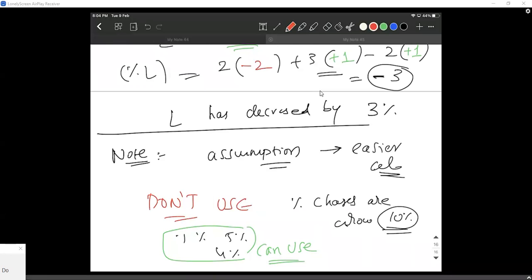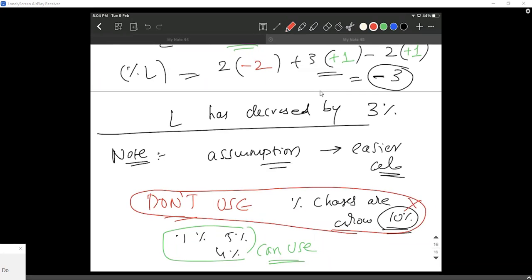But for 10% and so on, please don't use this idea. You're making a mistake anyway, but here you're making a very big mistake. So I suggest you not to do that. That is a very important point that you need to remember.